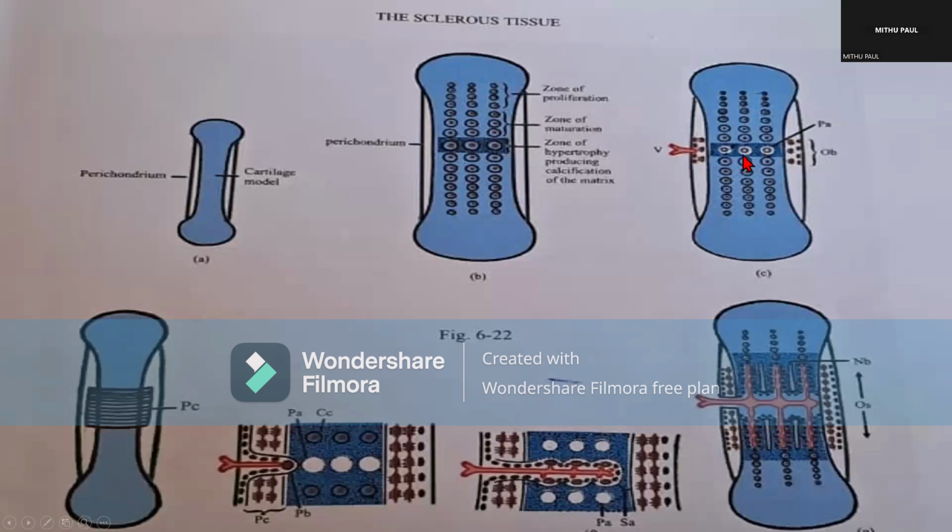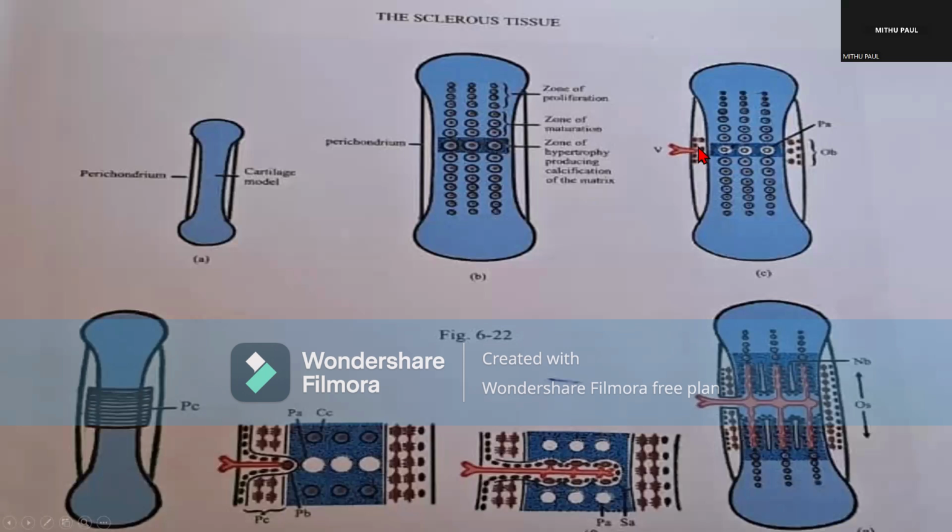In this stage, vascularization is established into the cartilaginous model from its surroundings, and it will invade the cartilaginous model to proceed with the ossification. As soon as the vascularization is established, the mesenchymal cells differentiate to form osteoblasts.